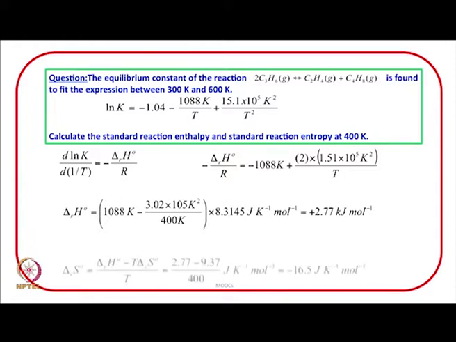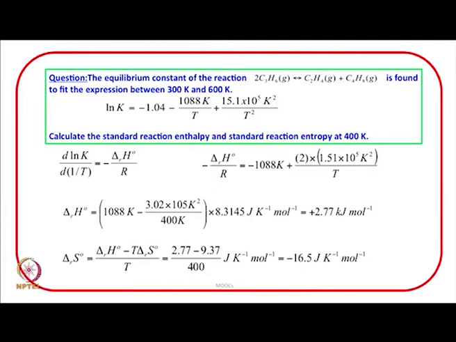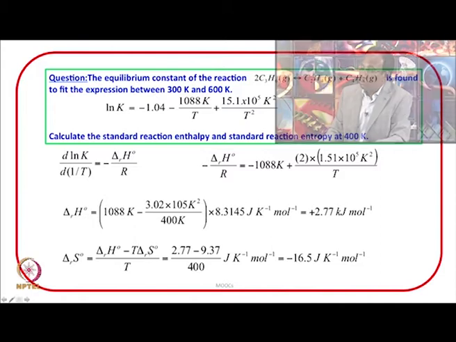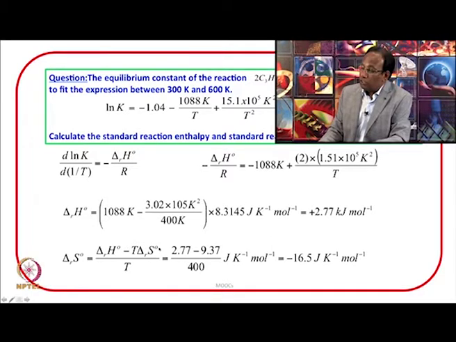Once I have the standard reaction enthalpy, I can calculate the standard reaction entropy from delta G naught is equal to delta H naught minus T delta S naught.